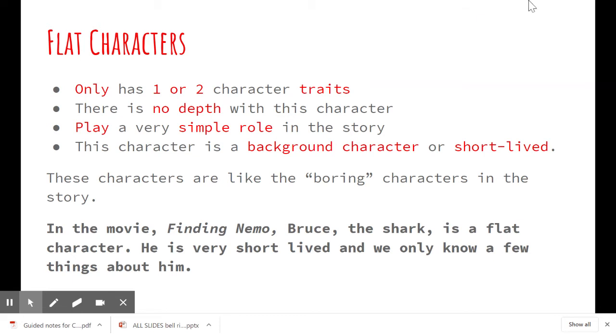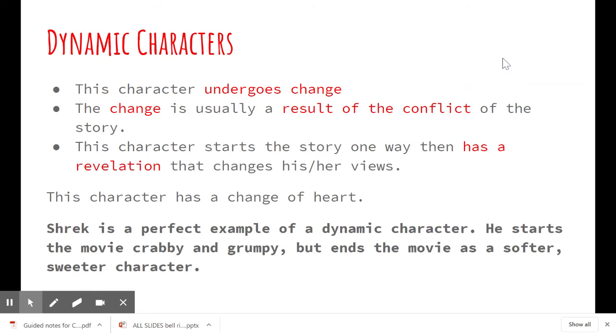Okay, so then further classifying characters, we also have dynamic characters. Okay, this character is someone who undergoes a change, and it's usually because of a conflict that they become someone else. Okay, it starts the story one way and then has a resolution that changes their views. So, not all round characters are dynamic.